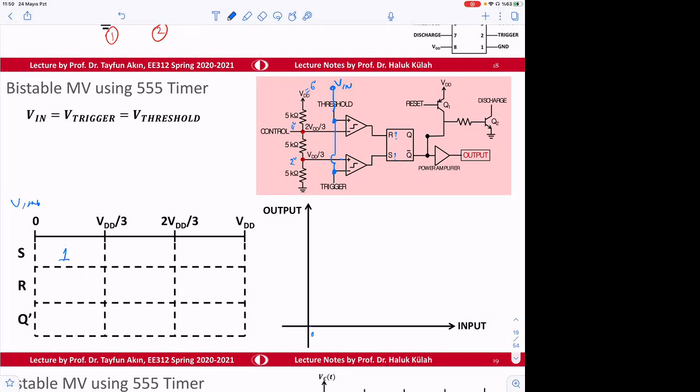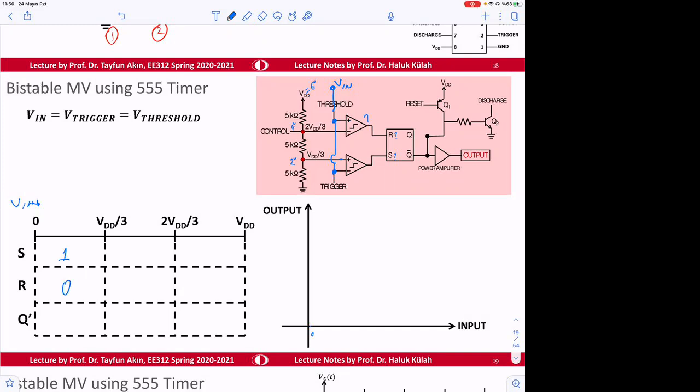Okay, so when input is 0, that's going to be the case. What about the other one? Compared to this one, R. So what is the output of this thing? The minus sign is 4 volt, the plus sign is 0. Therefore, R is going to be equal to 0, logic-wise.